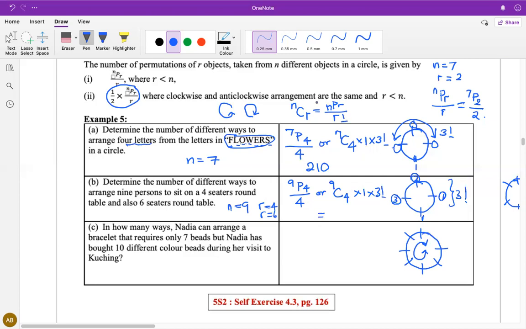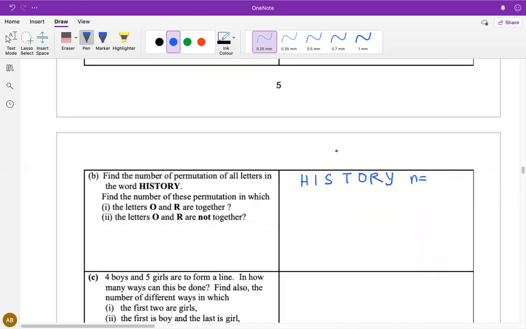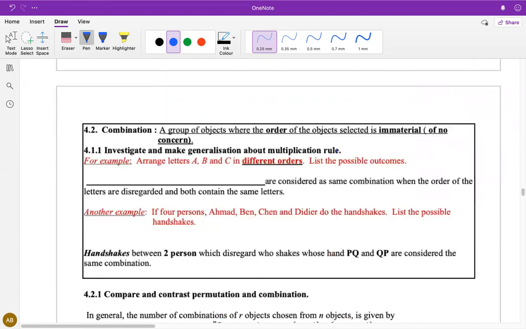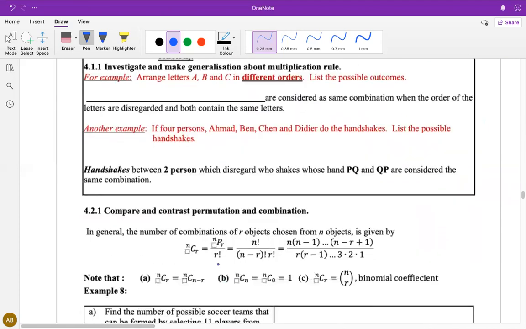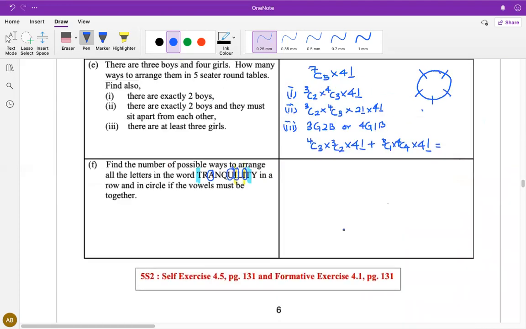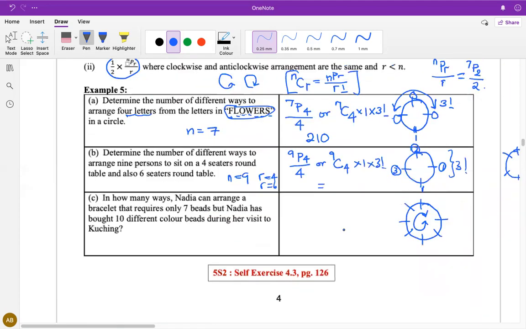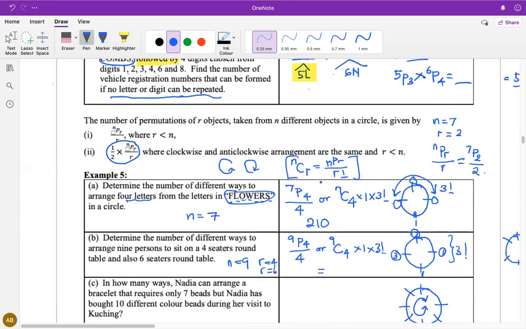The formula is nCr equals nPr over r factorial. So let me check the formula. Okay, nCr equals nPr over r factorial. These two are actually the same.